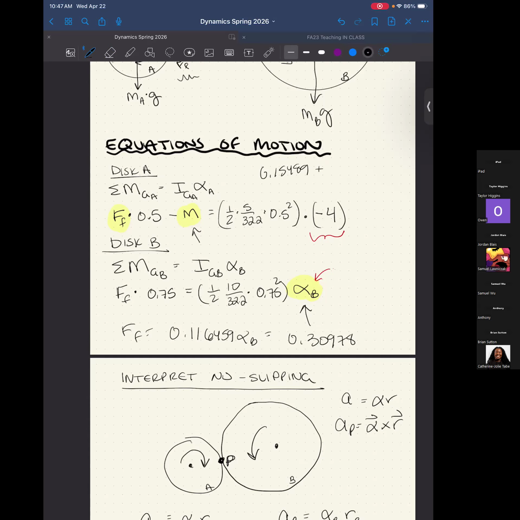0.5 times 5 divided by 2.2 times 0.5 squared, times 4.